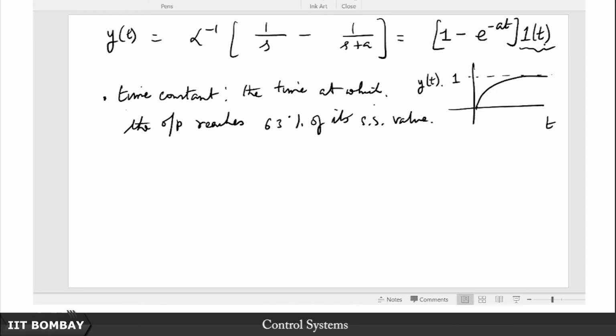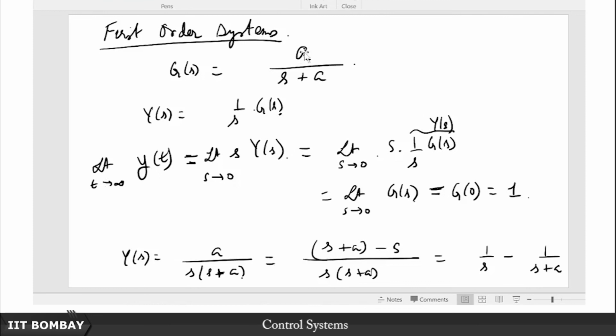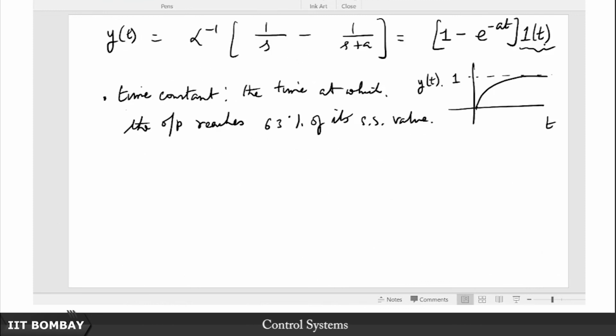Remember, not 63% of 1. If for instance you had K times A here in the transfer function instead of A alone, then your output steady value would have been K instead of 1. So then you would be looking at the time instant at which, for example, let us say this is 0.63.